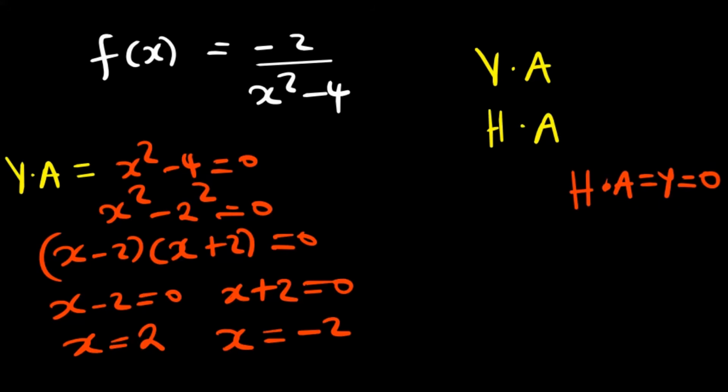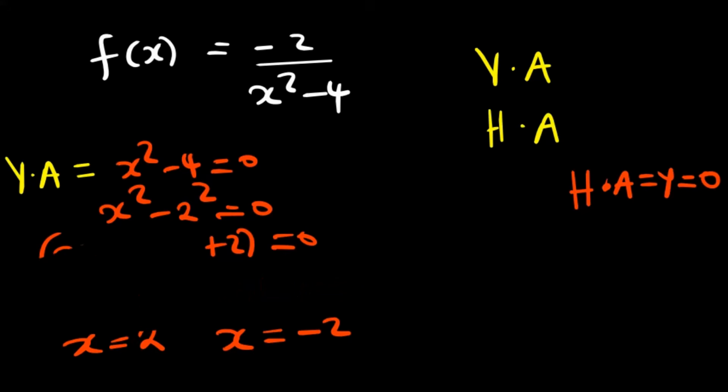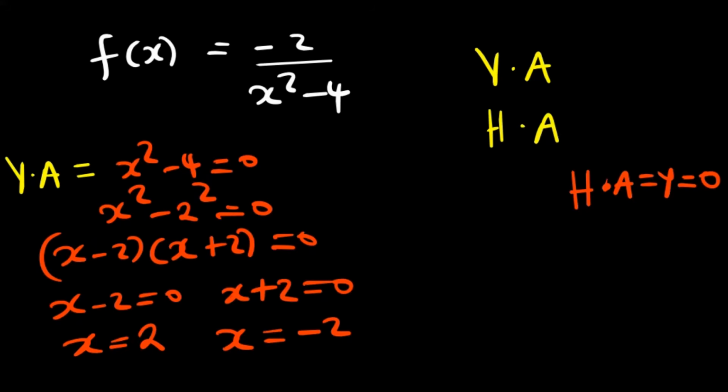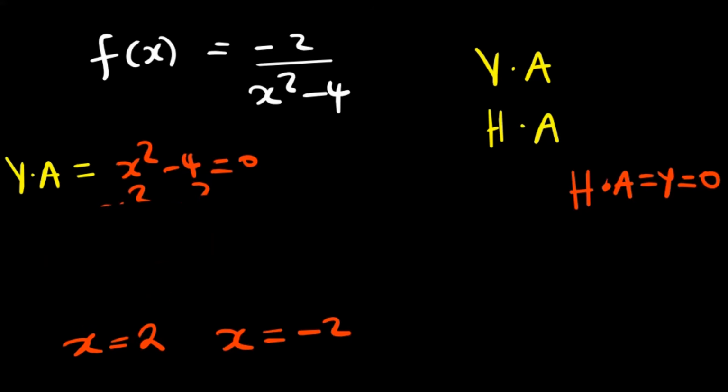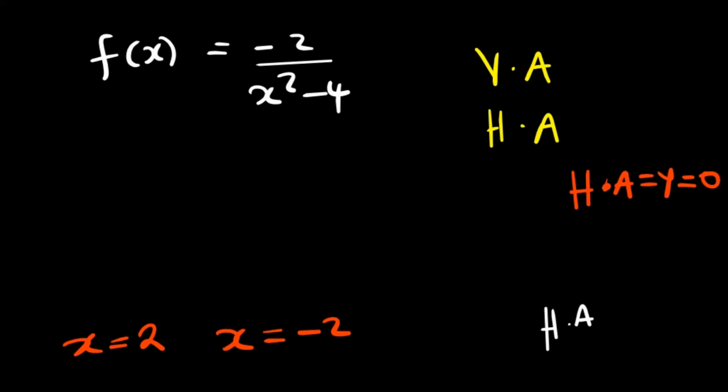Okay, so that is what we have. So the equations, we've got x minus 2 and x plus 2. Okay, good. So the horizontal asymptote we're saying is that y is equals to 0.